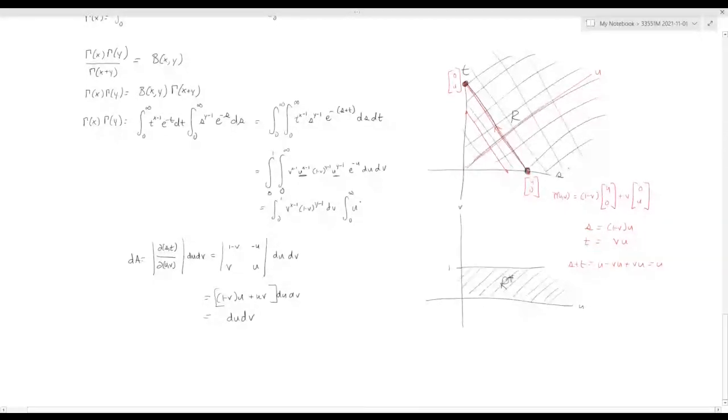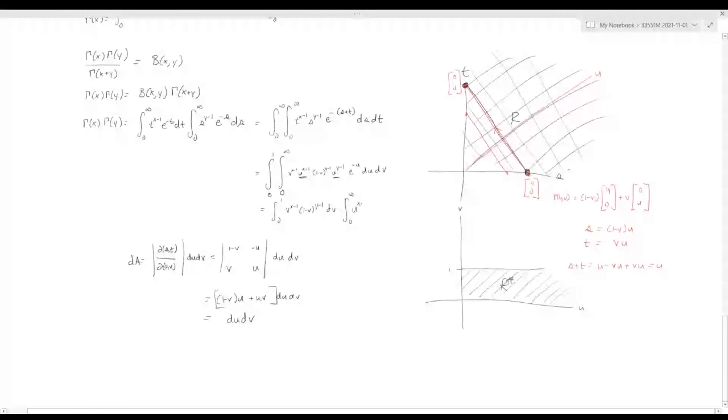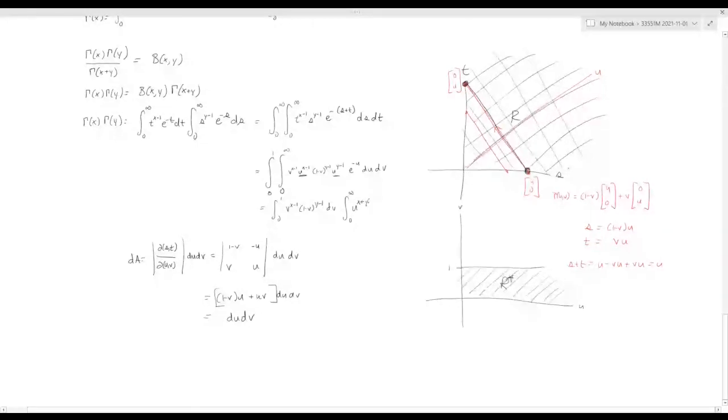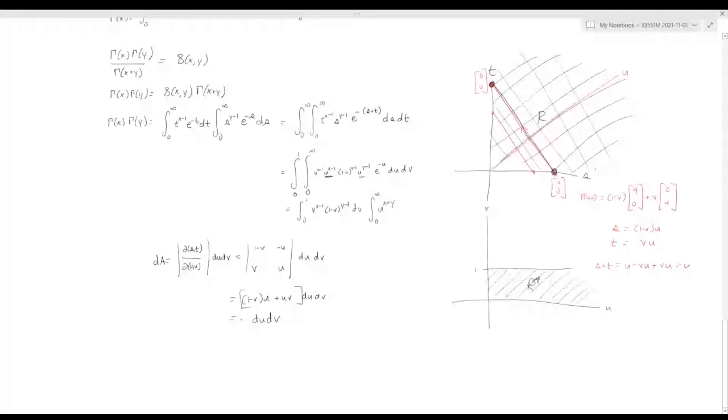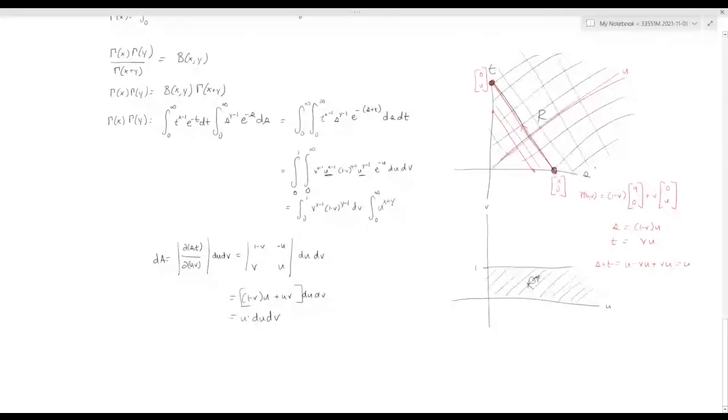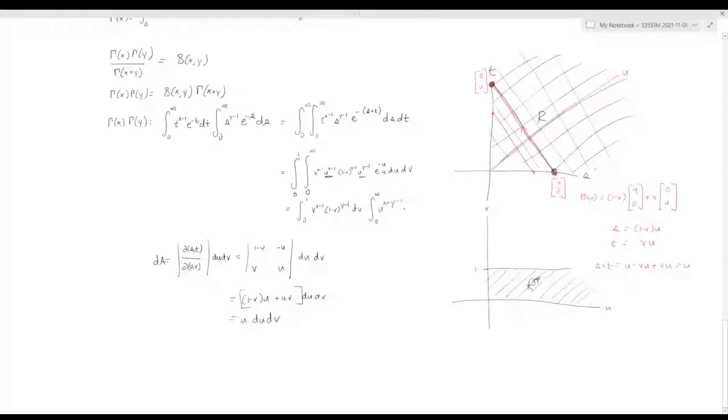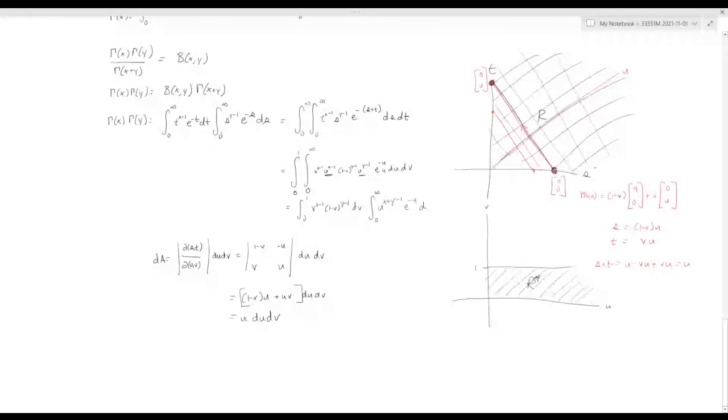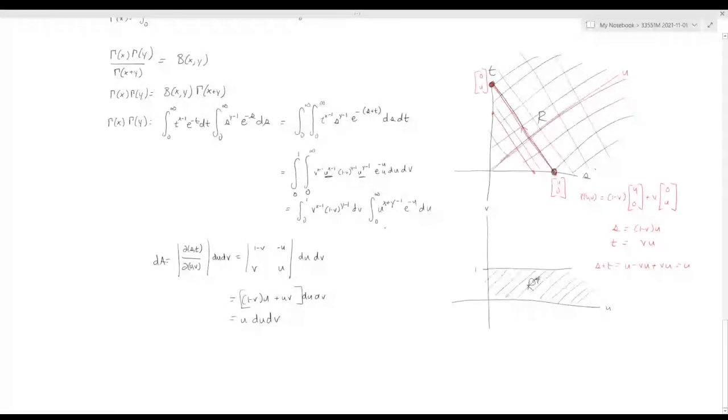So this becomes u, and we have an extra u, so that just becomes minus 1. But then you realize that this is by definition the gamma function.